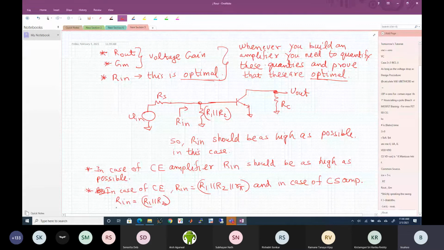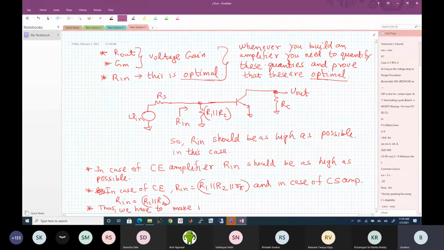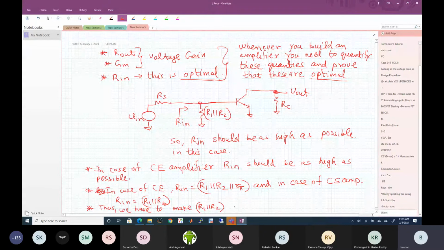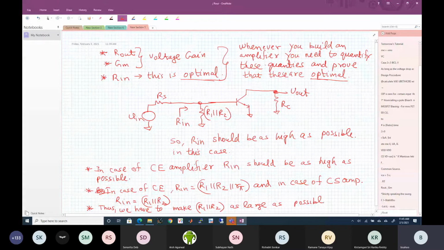Now we know that thus we have to make R1 parallel R2 as large as possible. This is a conclusion that we are getting from here. Now what is the ramification of this conclusion?